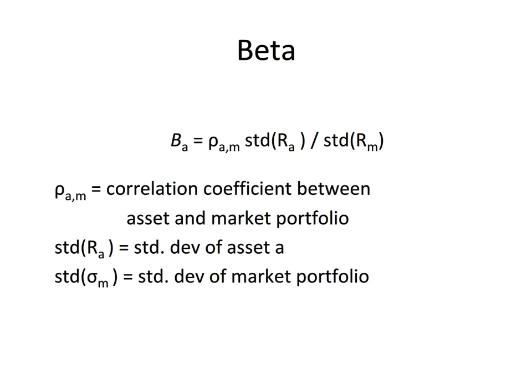Beta equals the correlation between asset A and the market portfolio, times the standard deviation of the returns from that asset divided by the standard deviation of the returns from the market portfolio. One other note about this calculation of beta is that it differs from the definition given on page 177 of the text. The above definition is correct, and use this definition as you calculate beta.